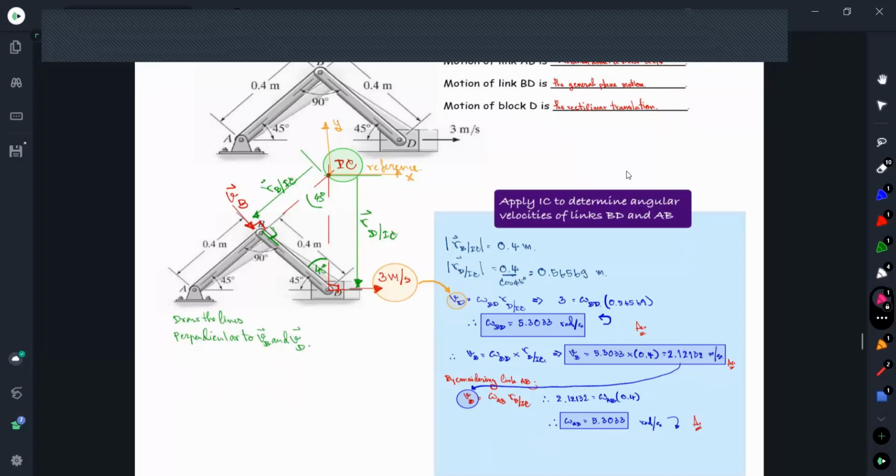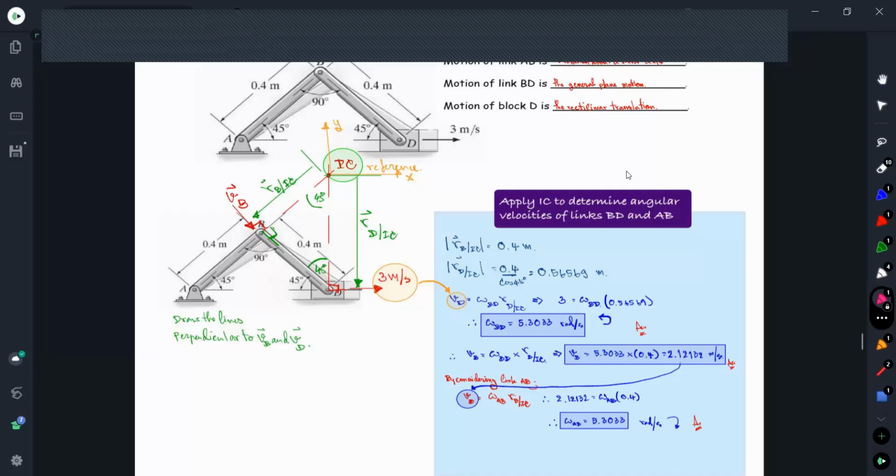We draw the line perpendicular to VB and VD, and we can find the point IC as shown in the picture. We set up the reference at point IC, and we can determine r B/IC from the geometry. We found that the magnitude of r B/IC is 0.4, and the magnitude of r D/IC is 0.56.